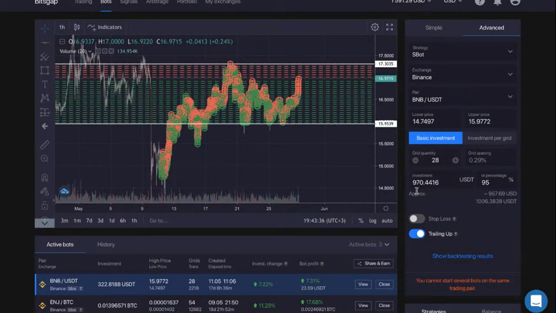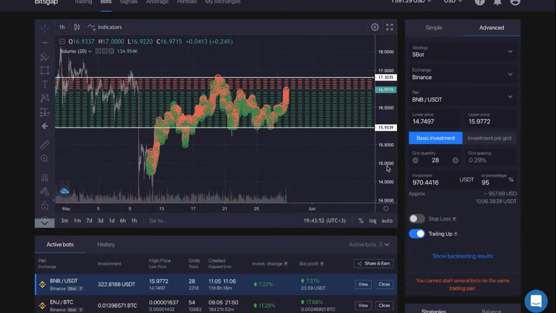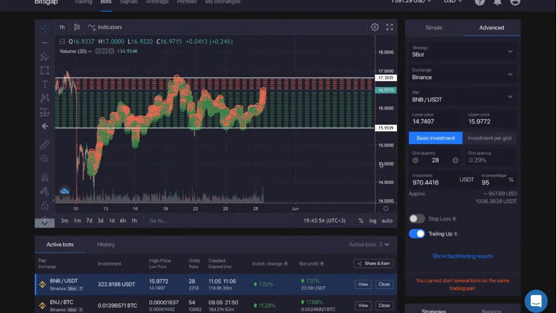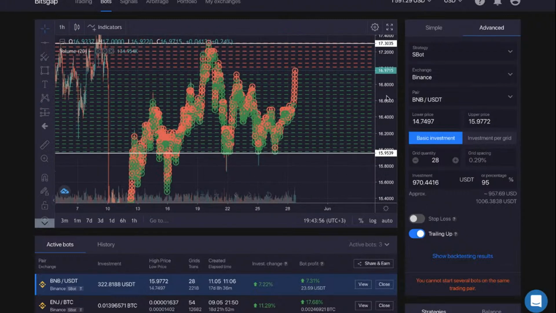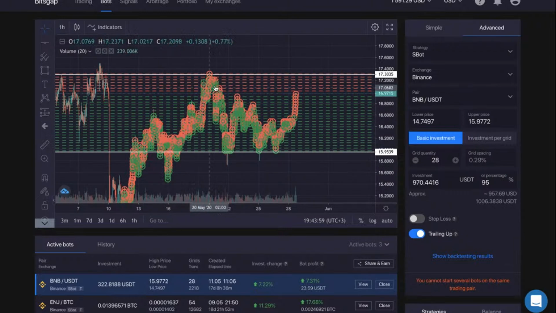So using the trailing up function, I'm always in the game. By switching on the trailing up function, I am not skipping the price action. And notice how precisely the trailing up is following the price.